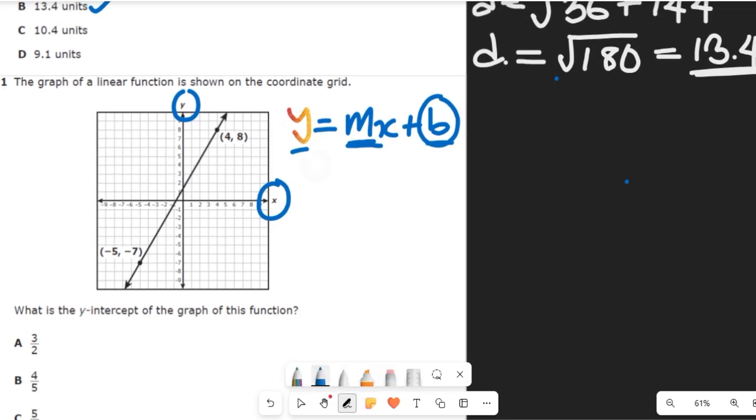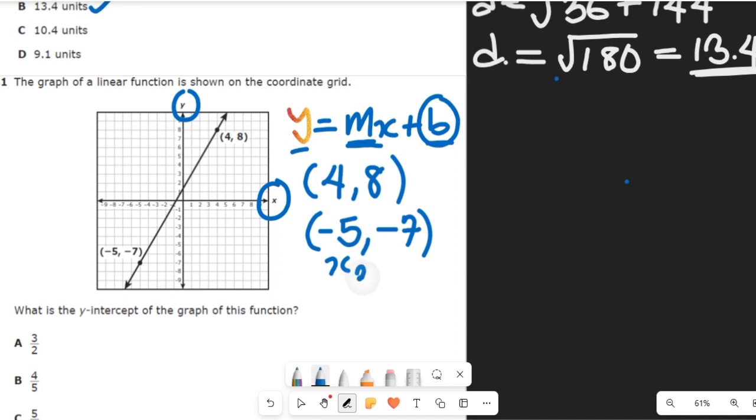We have the first point, which is (4, 8), and the second point, which is (-5, -7). So here we have x2 and y2, while we have x1 and then y1, right?